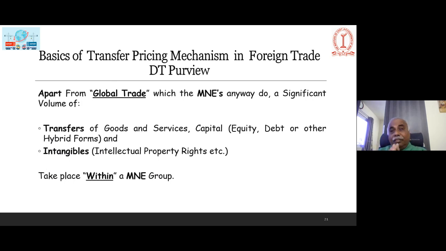So there is a lot of income leakage, meaning government revenue leakage is happening. And to plug that leakage, the transfer price mechanism in the foreign trade direct tax purview has arisen.